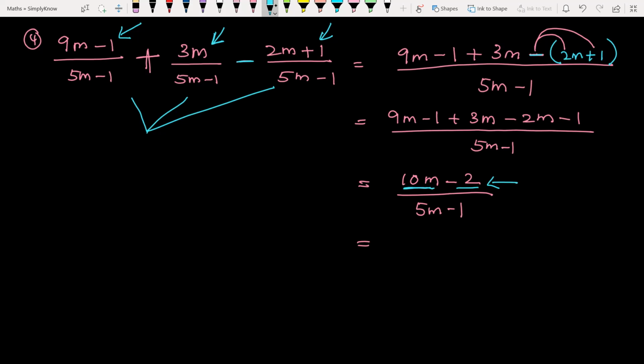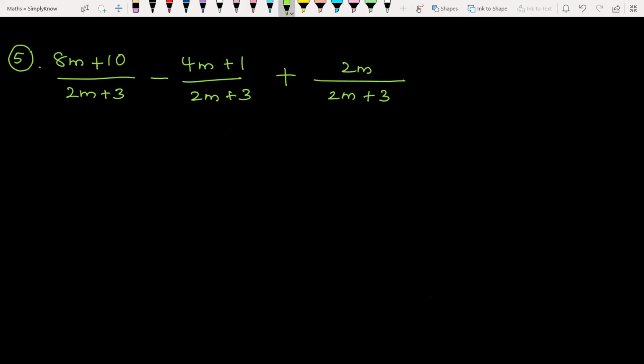So if I take that common factor 2 out, what is remaining within the bracket is 10m divided by 2, which is 5m. Minus 2 divided by 2 is minus 1. Then our denominator is 5m minus 1. Now we can cancel out these two expressions, and our final answer becomes only 2.